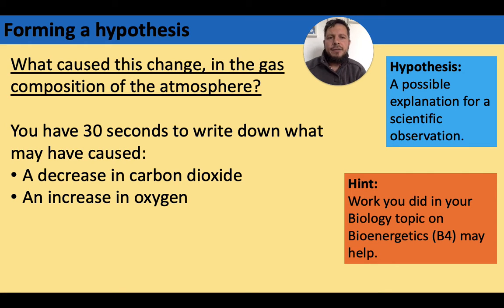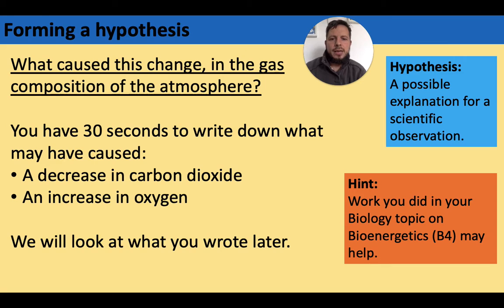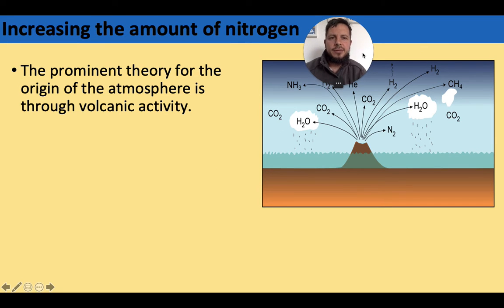So have a go for 30 seconds, write down something that might be occurring that will have caused a decrease in carbon dioxide and an increase in oxygen. You're going to keep that written down and you're going to see if you're right as we go through the lesson. So let's have a look at some changes.